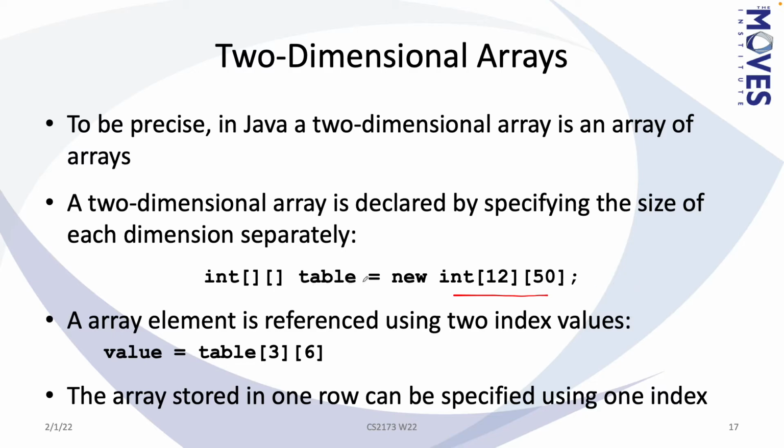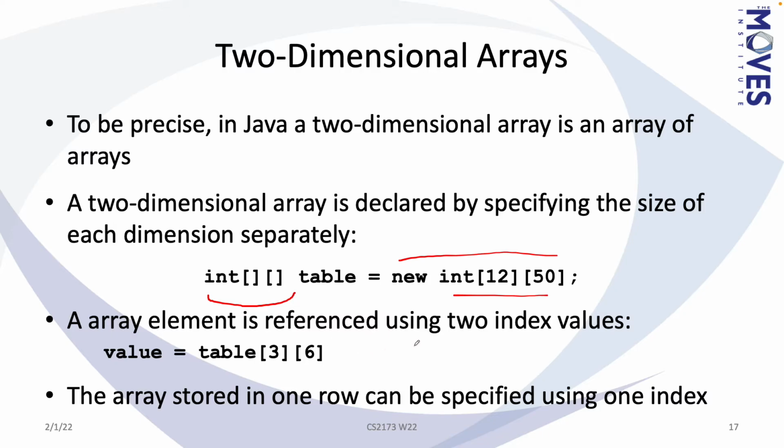So in this case, table would have 12 rows and 50 columns. And you define them with a double bracket. This is one way to instantiate them. There are other ways, as we'll see.